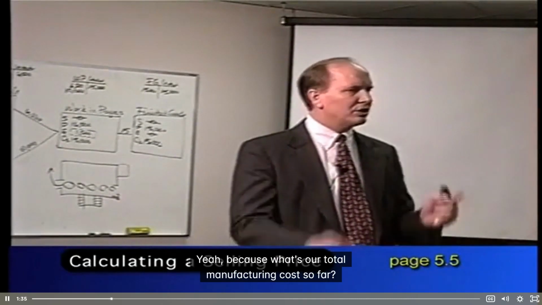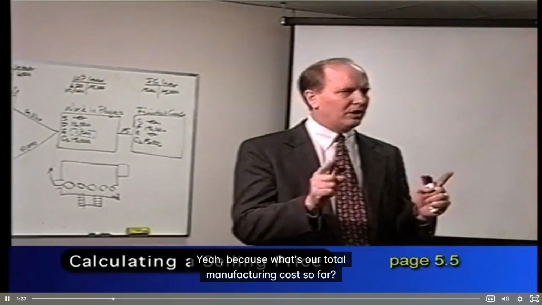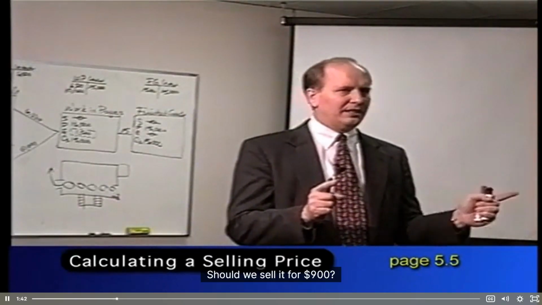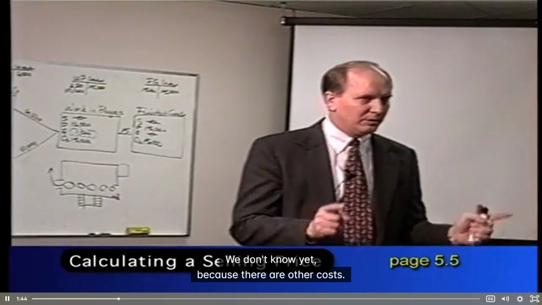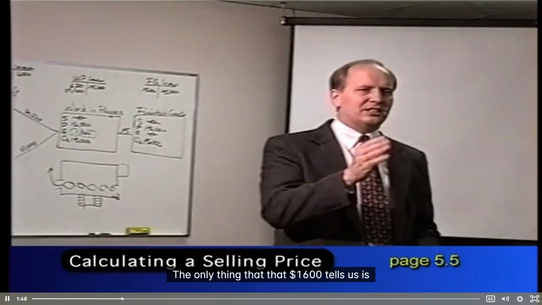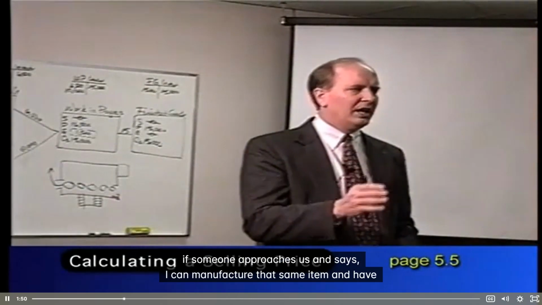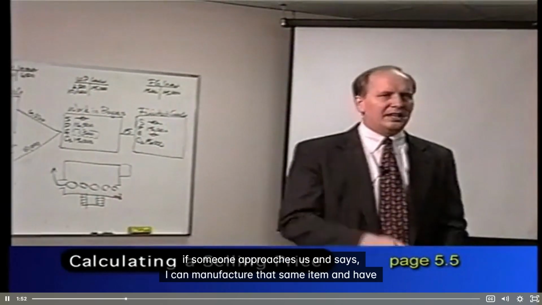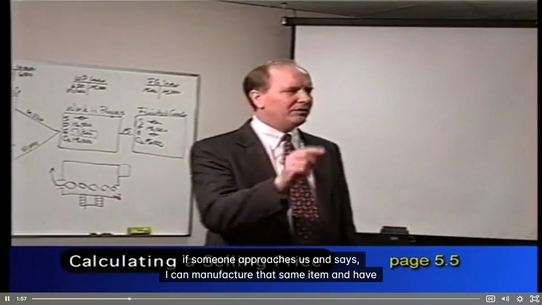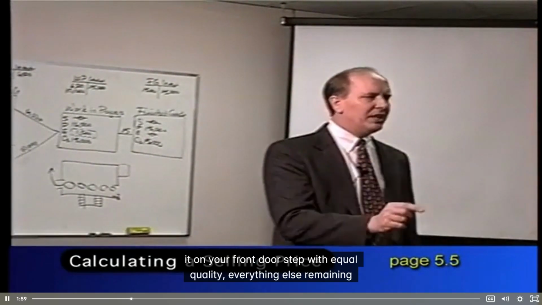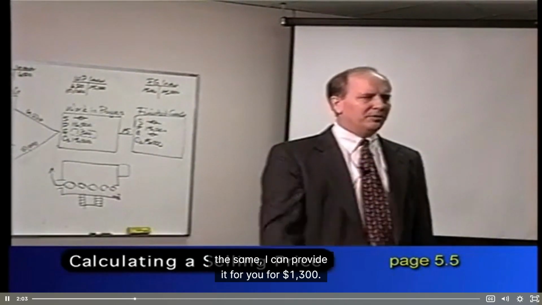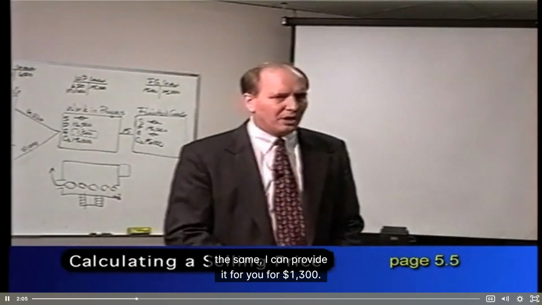So if we had sold it for $1,500, would that have been a mistake? Yes, because what's our total manufacturing cost so far? $1,600. Okay, should we sell it for $1,900? We don't know yet, because there are other costs. The only thing that $1,600 tells us is if someone approaches us and says, I can manufacture that same item and have it on your front doorstep with equal quality, everything else remaining the same, I can provide it for you for $1,300.